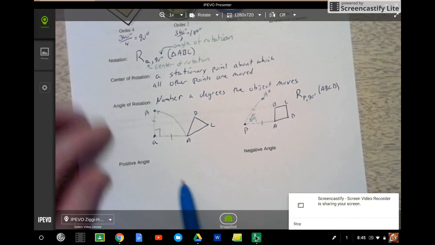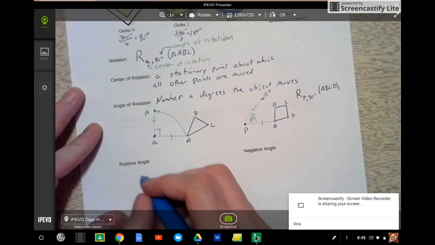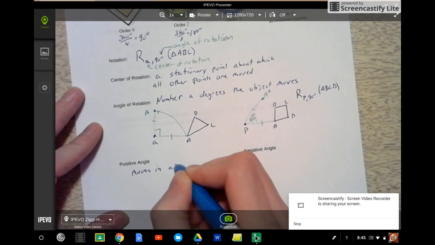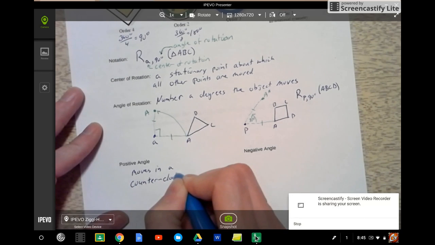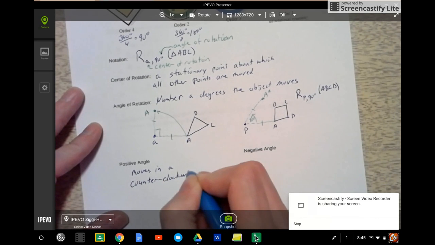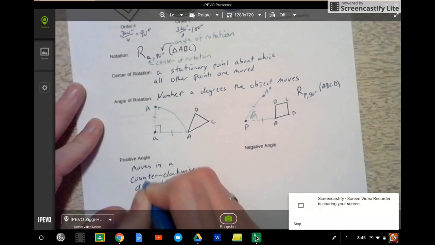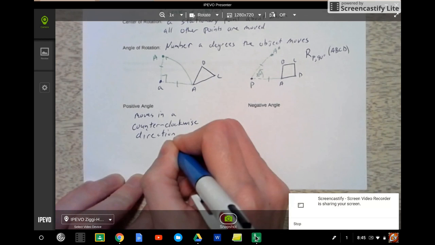It's important that we realize positive angle and negative angle. Both of these were positive angles. A positive angle moves in a counterclockwise direction. Okay, so counterclockwise, the opposite direction of a clock's hands.